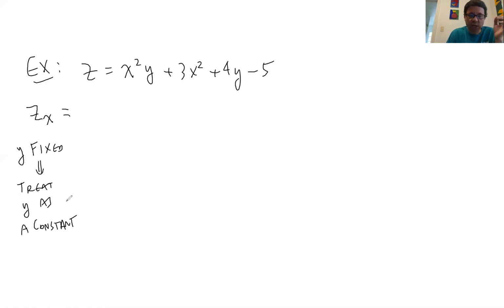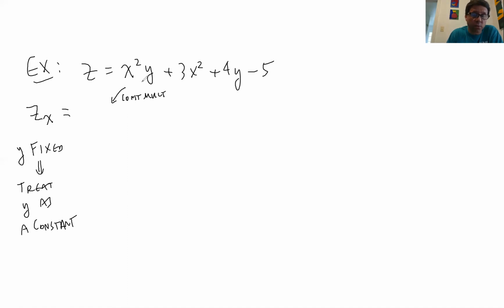So really you should just say, okay, I'm going to think of y as a constant when I'm doing my derivatives. So in this case, the y that's on the x squared is like a constant multiple. The y over here, this 4y, is constant. It's not changing. So when I do the derivative on this, I can use the constant multiple rule. We're thinking of y as the constant.